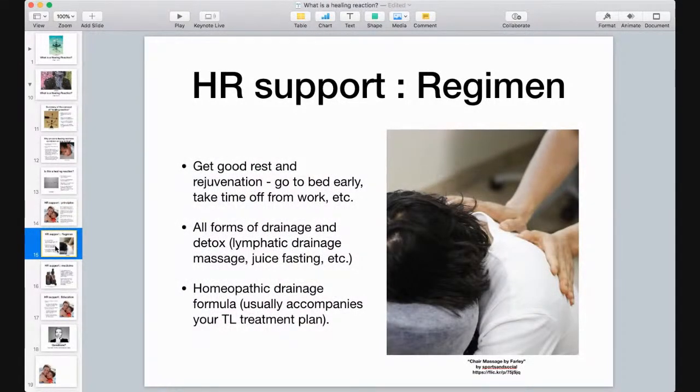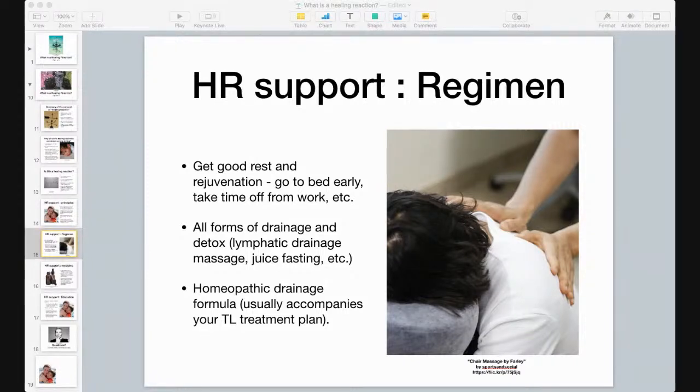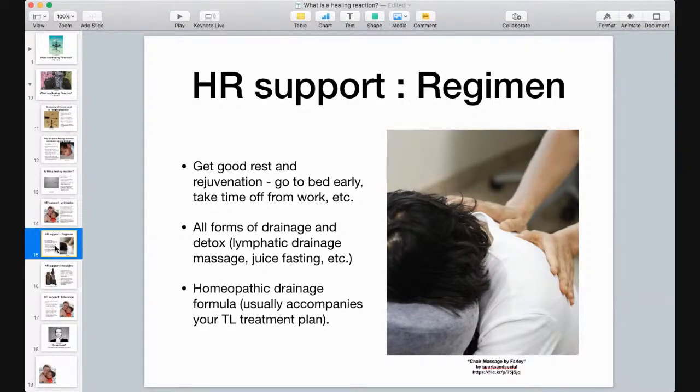So again, back to our very broad framework in Heilkunst, if you remember this, we have the three broad jurisdictions: the therapeutic regimen, the therapeutic medicine, and the therapeutic education. When it comes to a healing reaction, you need that framework in mind, at what level you want to support the person. At the level of regimen, I just have a few basic suggestions here.